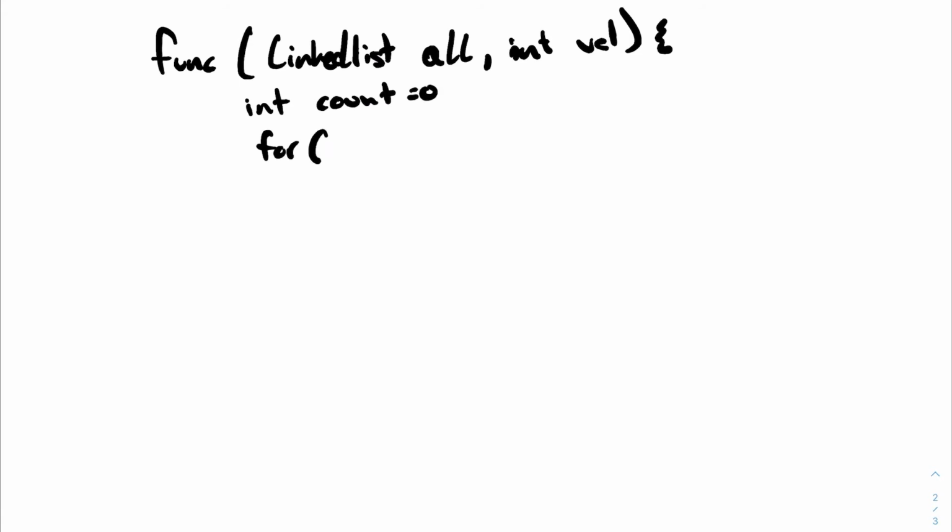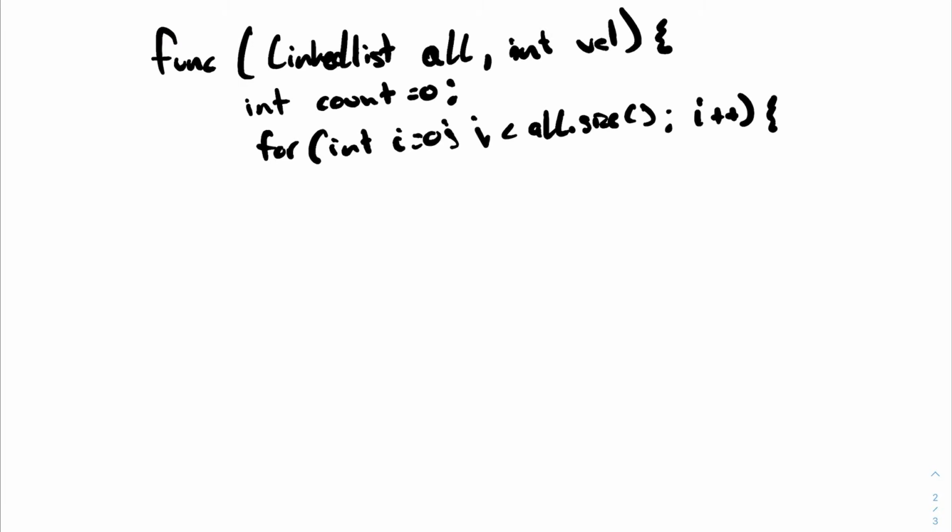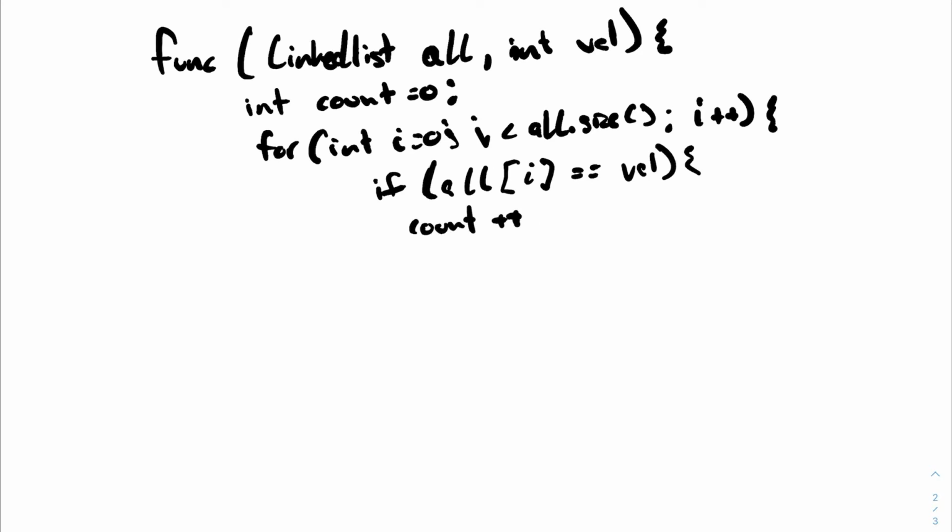We're going to do for int i equals 0, while i is less than, we'll just assume there's some sort of linked list dot size or count, whatever this function is to be able to get the size, and then i plus plus. And same check as our first function: we're going to check the linked list subscript i, check if that is equal to the value, and if it is, we do a count plus plus, close that out, and then return count.